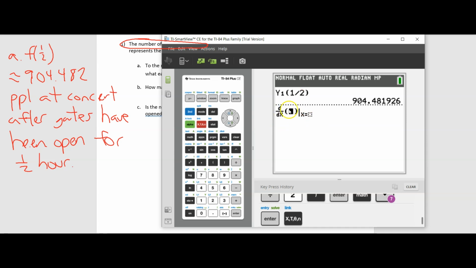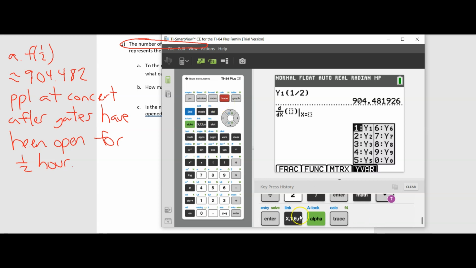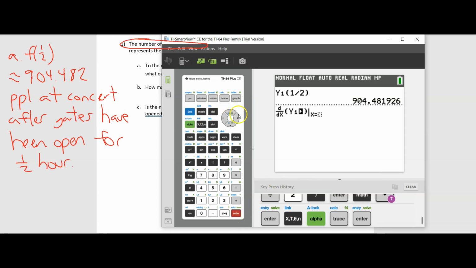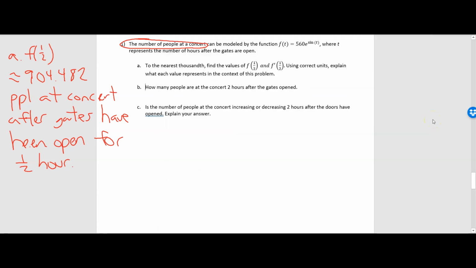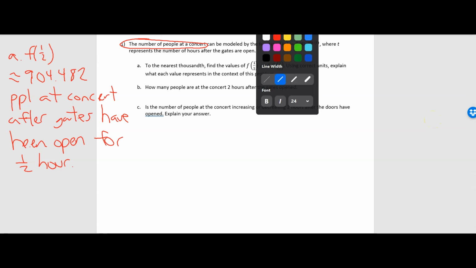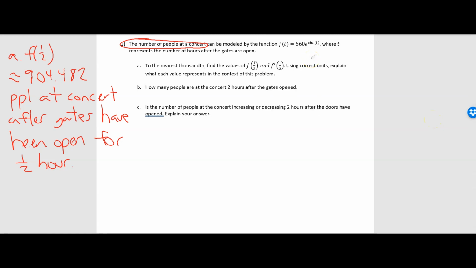Now you could just type out the function again, but we already have it saved in y1. So I'm going to go alpha, trace, hit enter when I'm at y1, and then we are evaluating at 1/2. Hit enter, and we get 793.757. So we take that value, we write it down, and then we think about what that value means.